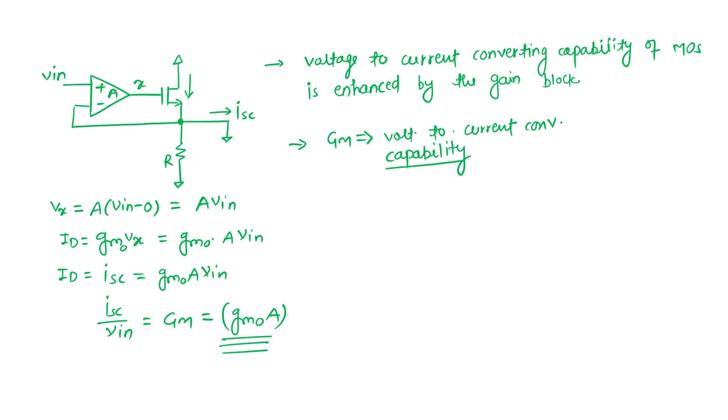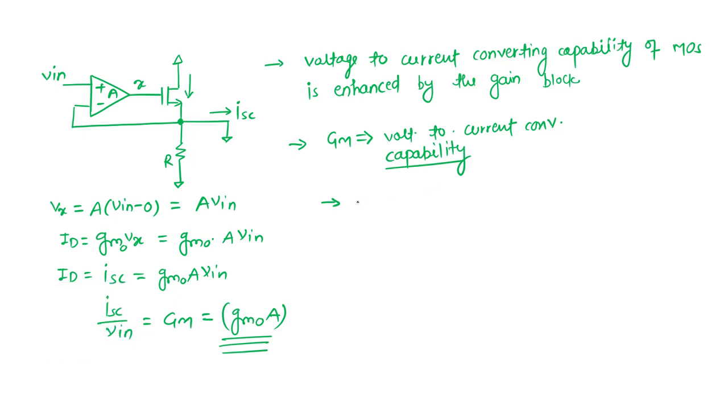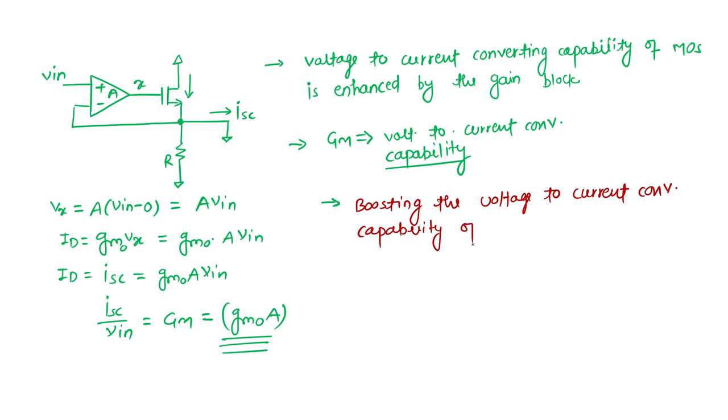By applying this block here, we are enhancing the voltage to current converting capability of this amplifier, or simply boosting it by this gain factor A. In other words, we are boosting the gain, or boosting the transconductance, the voltage to current conversion capability of the MOS.